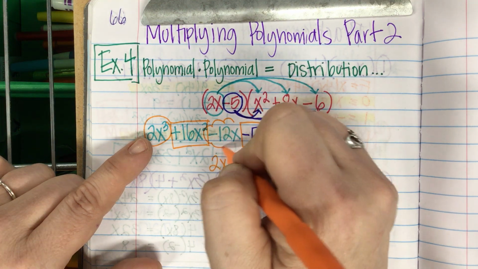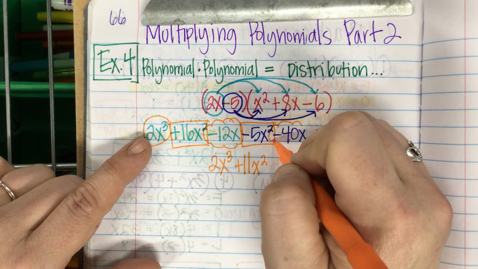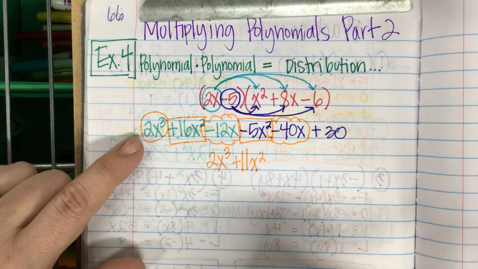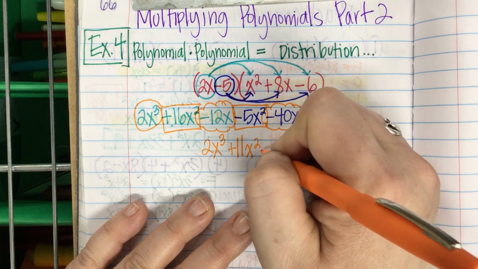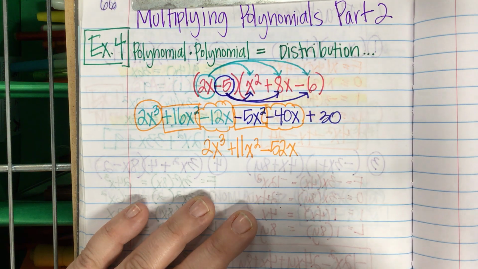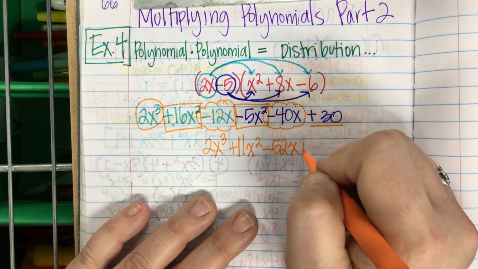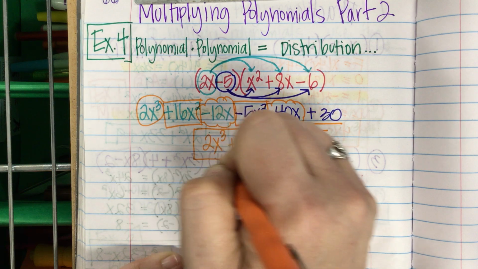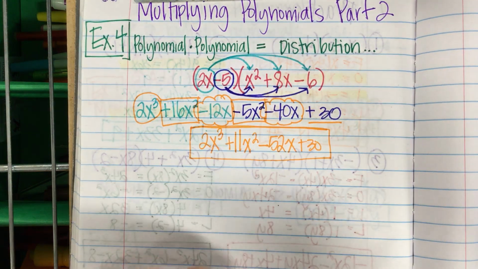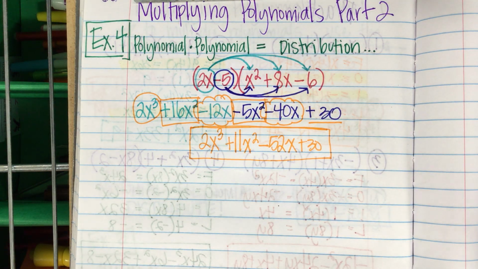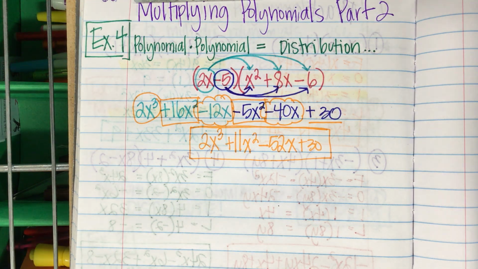And then negative 12 and negative 40 make negative 52x plus 30. And that's my answer. So it's just double distribution because it's a binomial, right? I take both terms of that binomial and I distribute both of them to every term in the trinomial. Then I combine like terms and I get an answer.